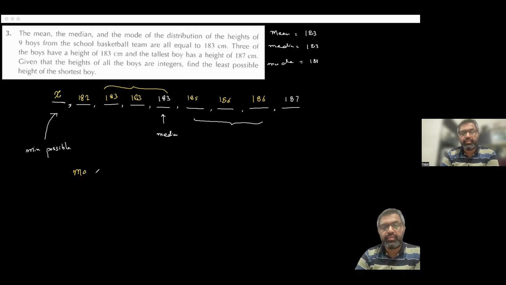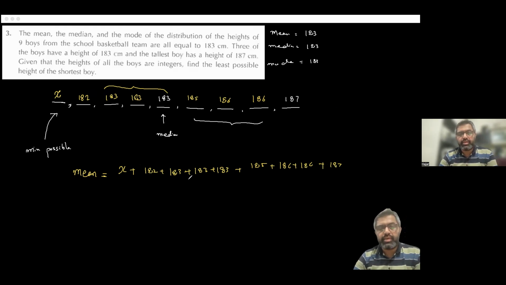For the mean, we have the formula: sum of all the heights divided by the total number of boys, which is 9. So let's add them up. X plus 182 plus 183, which occurs 3 times, so I can just multiply it by 3. Or let's just add them up: 183, plus we have 185 next, and there are 2 186s, and then we have 187.